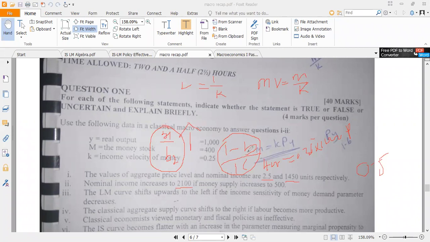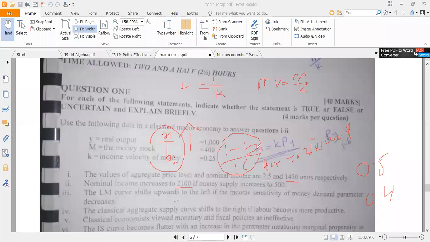Now, what if marginal propensity to consume increases to 0.6? We have 1 minus 0.6, which is 0.4. 0.4 divided by 1 is 0.4.